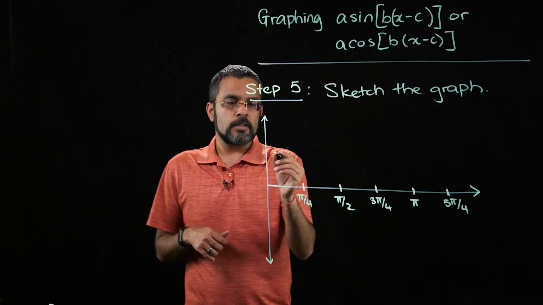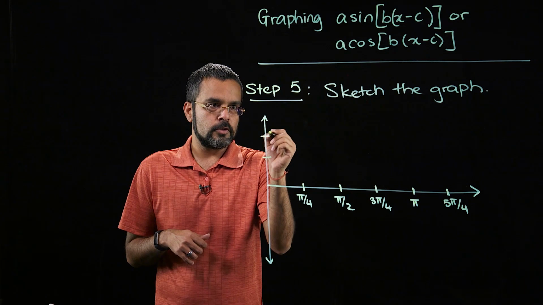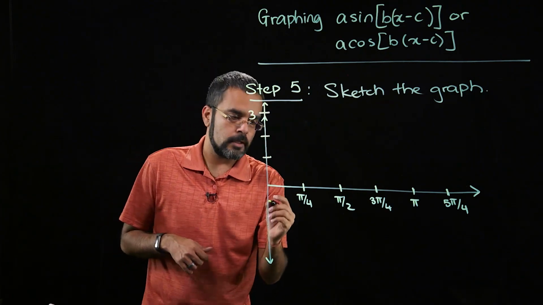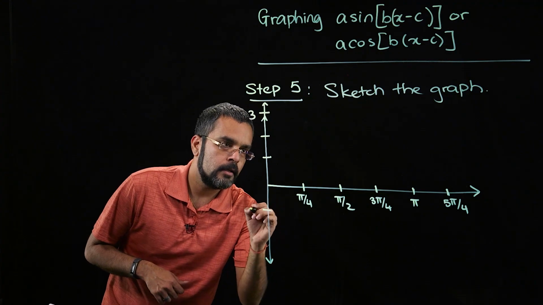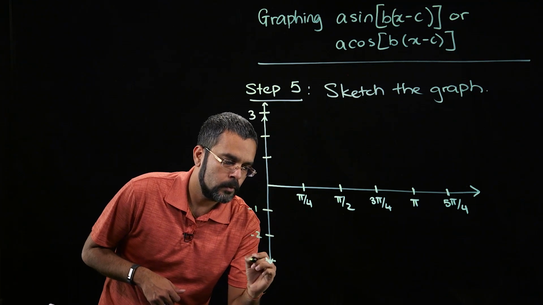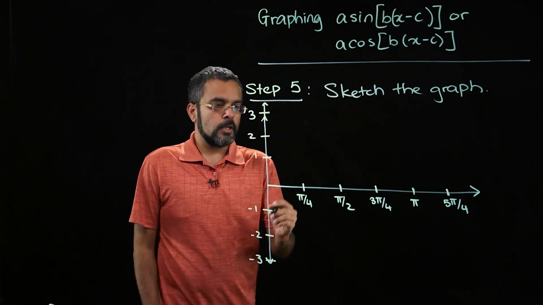Now my amplitude was 3 for this function, so this is 1, 2, and 3. So obviously it goes down to -1, -2, -3. Okay, so this was the starting point.